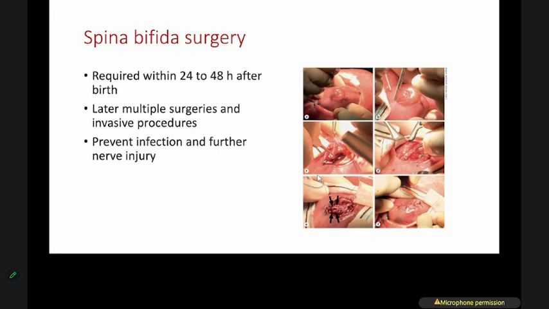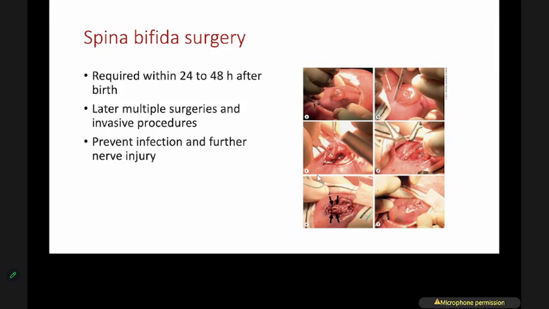So that's why when the baby is born, it's extremely important for us to cover, avoid dehydration, avoid exposure to infection, and perform very early surgery. Okay, this doesn't happen.